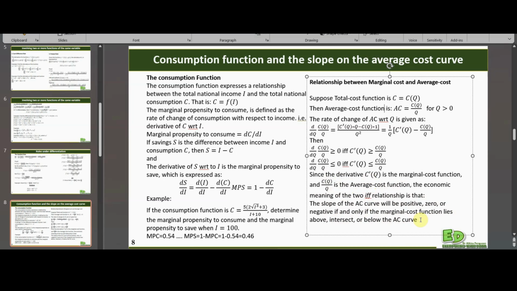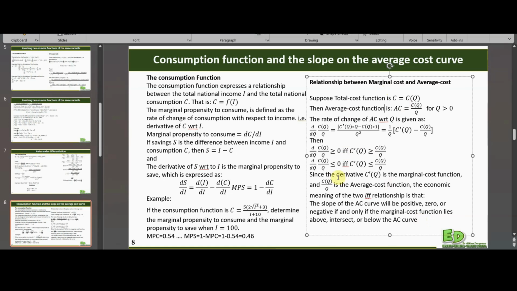This is talking about the rate of change of total cost with respect to quantity, that is the cost of producing one more unit, which has to do with the marginal cost. Remember, what we have here is a relationship between the marginal cost and the average cost. And earlier when I said that the slope depends entirely on the relationship between what? The marginal cost and the average cost.